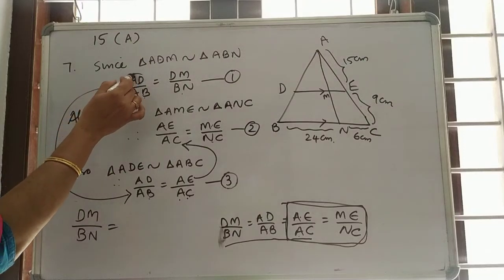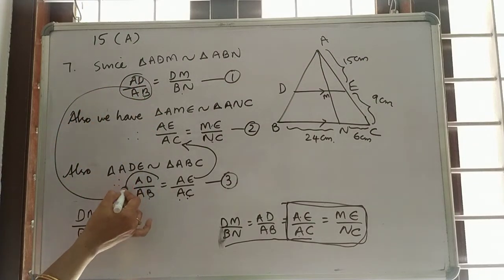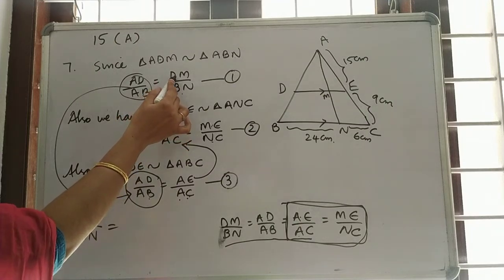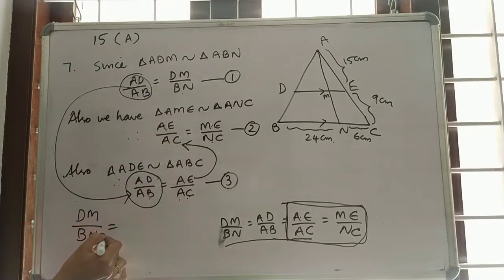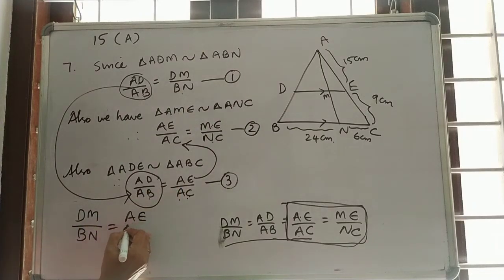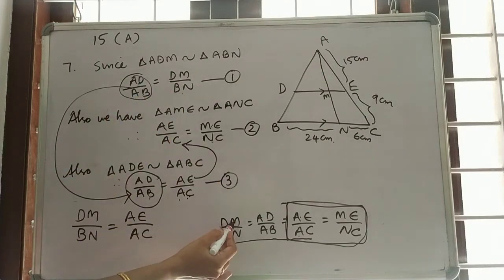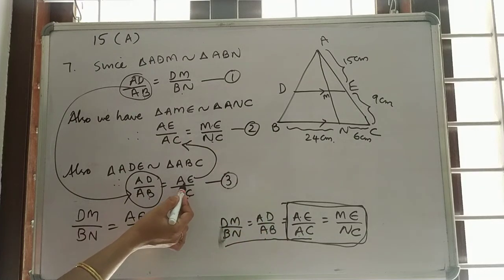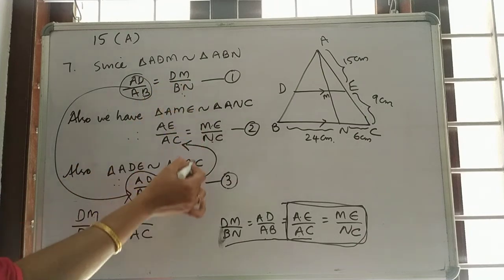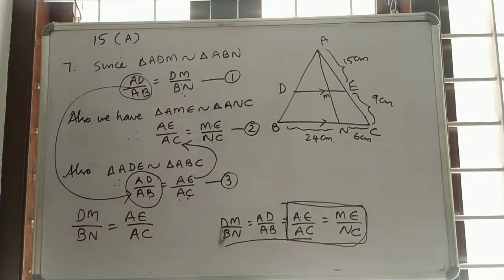That AD divided by AB is there in equation number 3. So we can directly write DM by BN is equal to AE by AC.